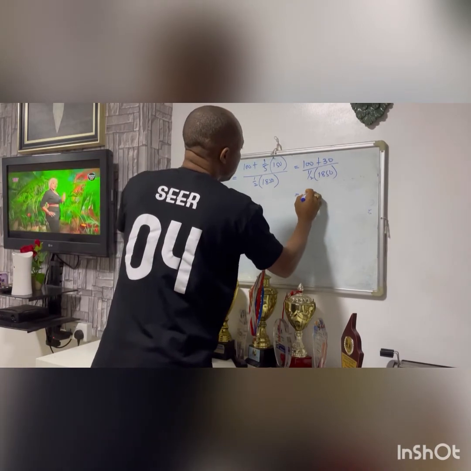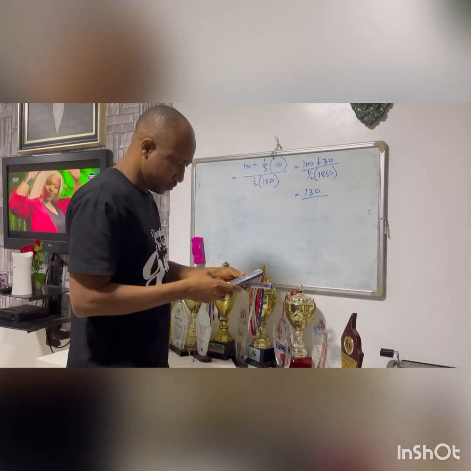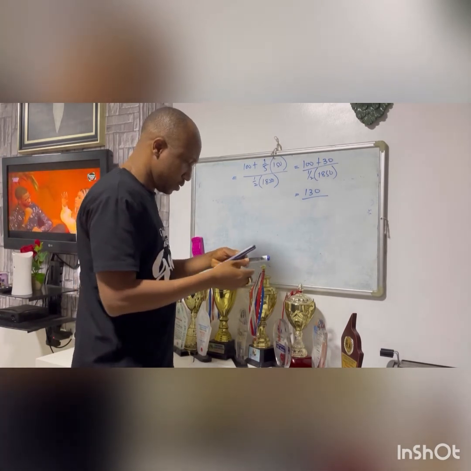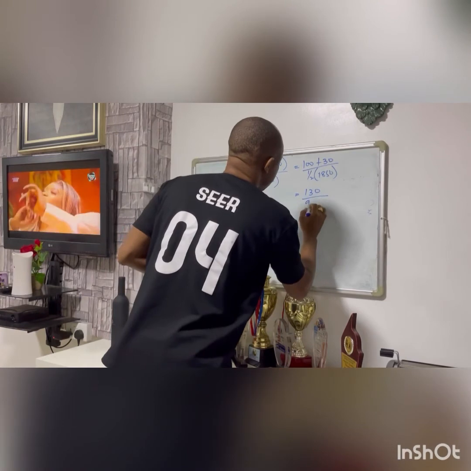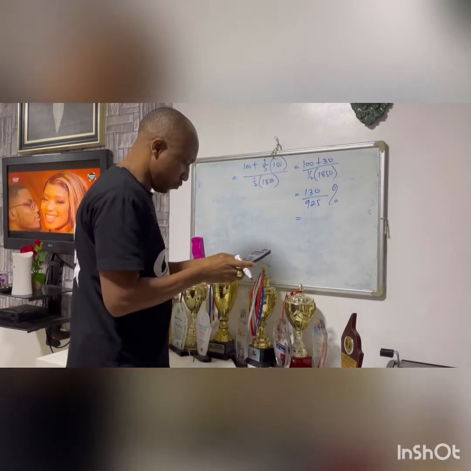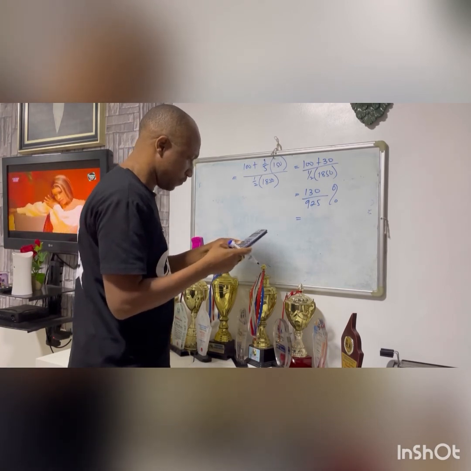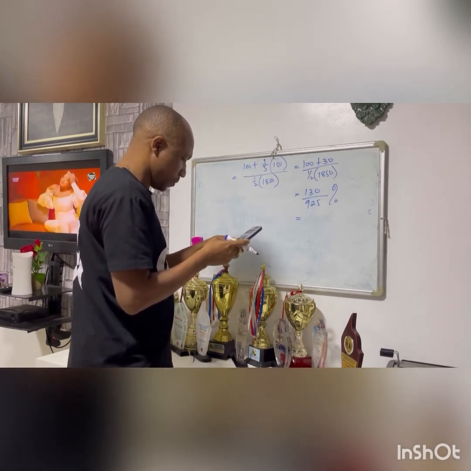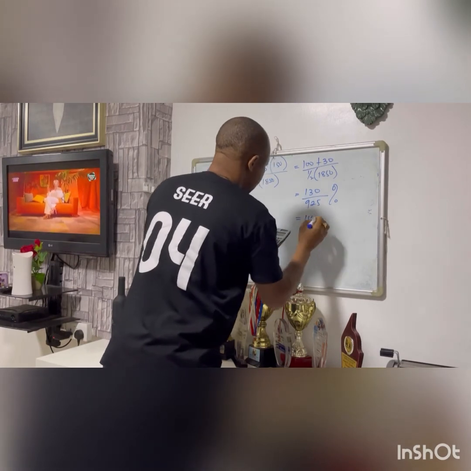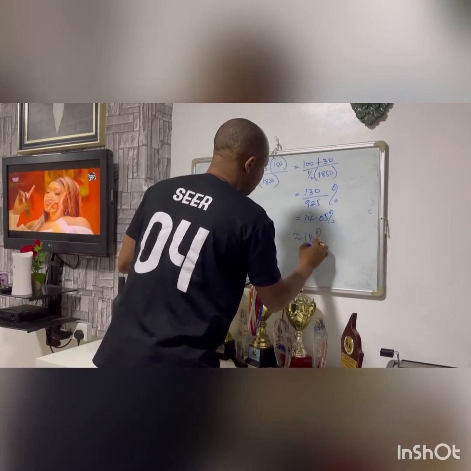So what we have is 130 divided by half of 1850. Half of 1850 divided by 2 is 925. Everything multiplied by 100 to convert to percentage. So we have 130 divided by 925 times 100. So that should give us 14.05%. That's approximately 14%.